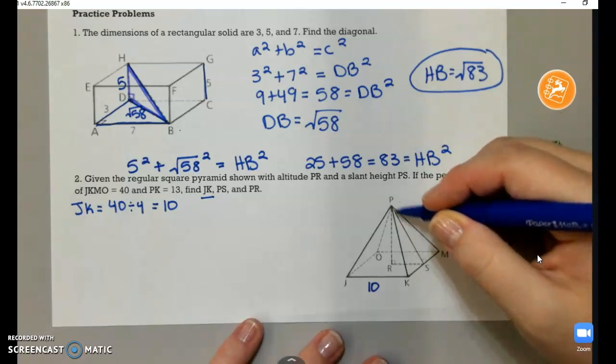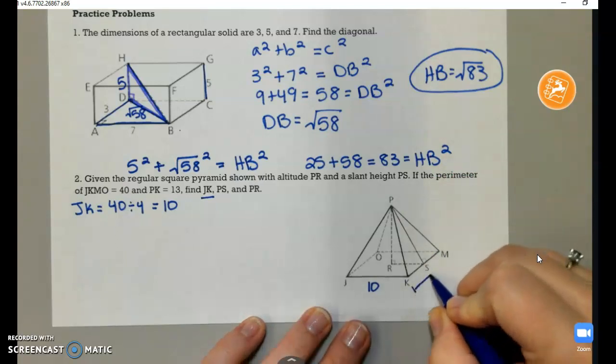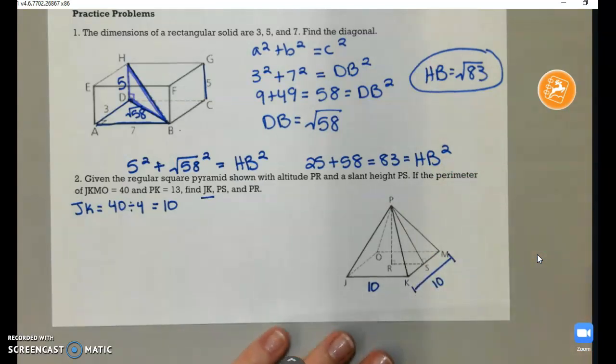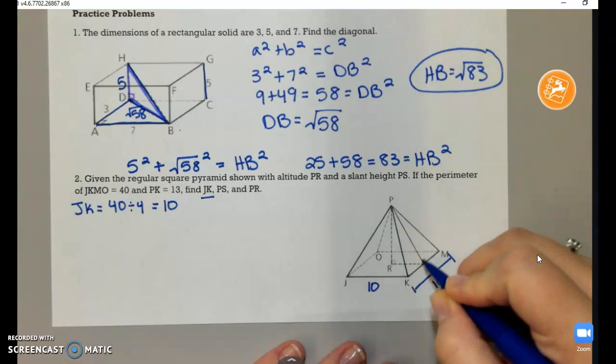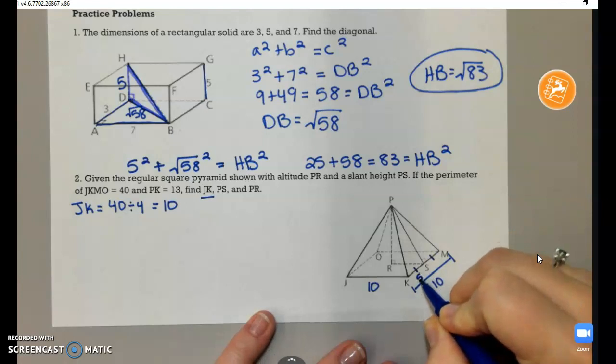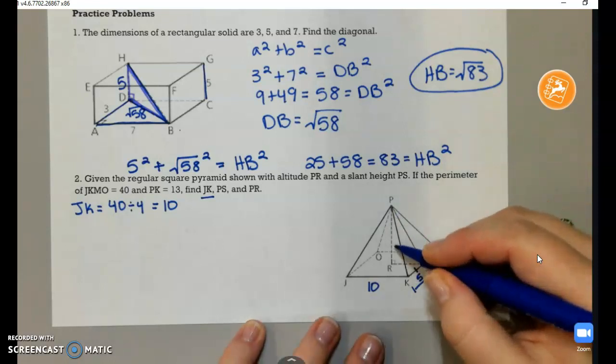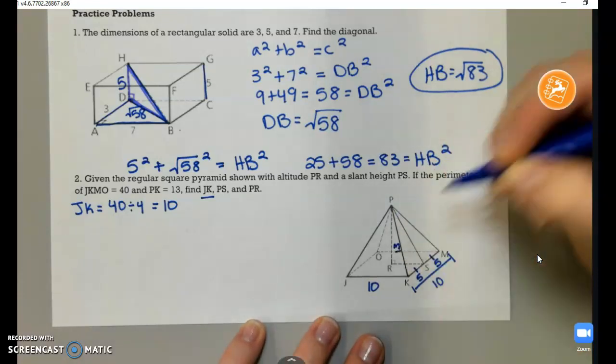which is our slant edge right here. And so if this whole length is 10, and I've got a perpendicular slant edge, because this is a regular base, it's also going to bisect this side, KM. So that means that KS is 5 and MS is 5. And we were told that PK, this length right here, is 13.